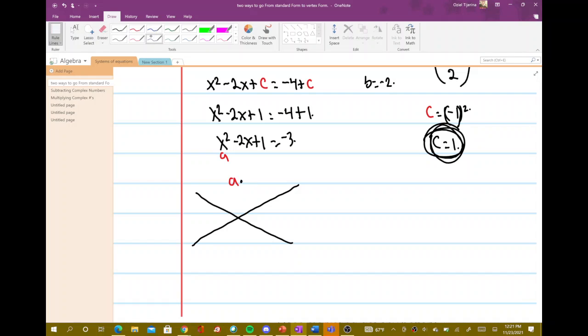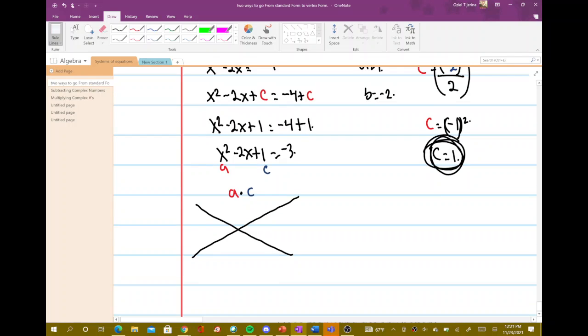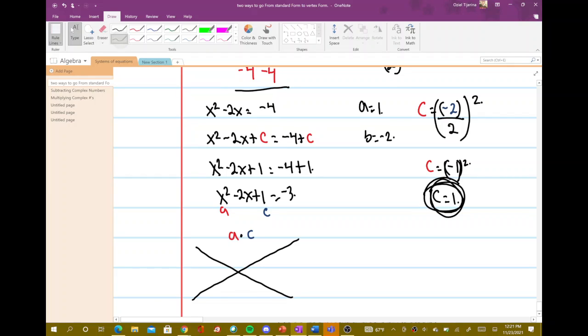So a times c, like that. Again, I would recommend that you put a equals 1, b equals negative 2, and c equals 1, because this is what c equals right here. This is c, because we've already come up with that formula.